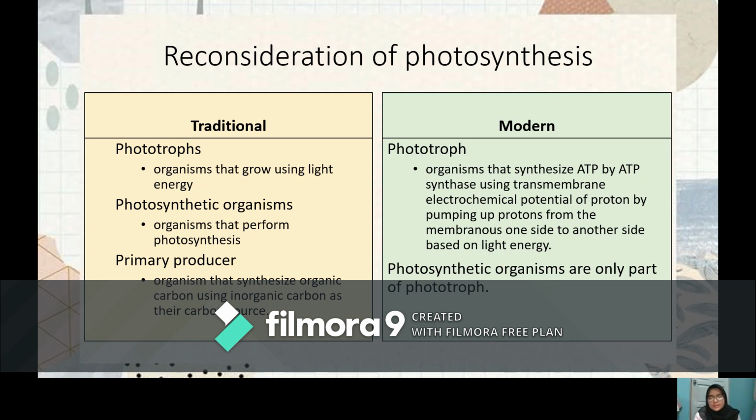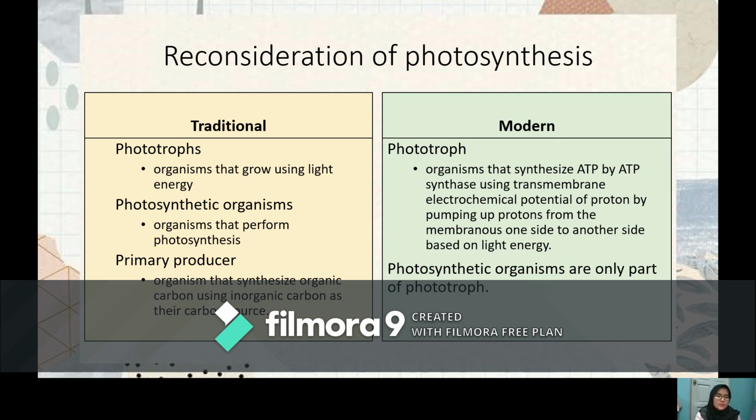On the other hand, in modern times, the phototroph is defined as an organism that synthesizes ATP by ATP synthase using the transmembrane electrochemical potential of protons by pumping protons from one side of the membrane to the other. So that means that photosynthetic organisms are only part of the phototrophs.